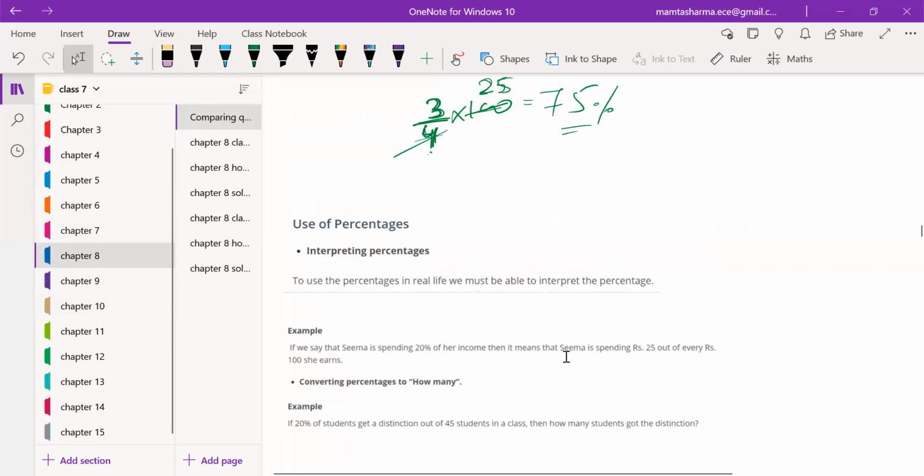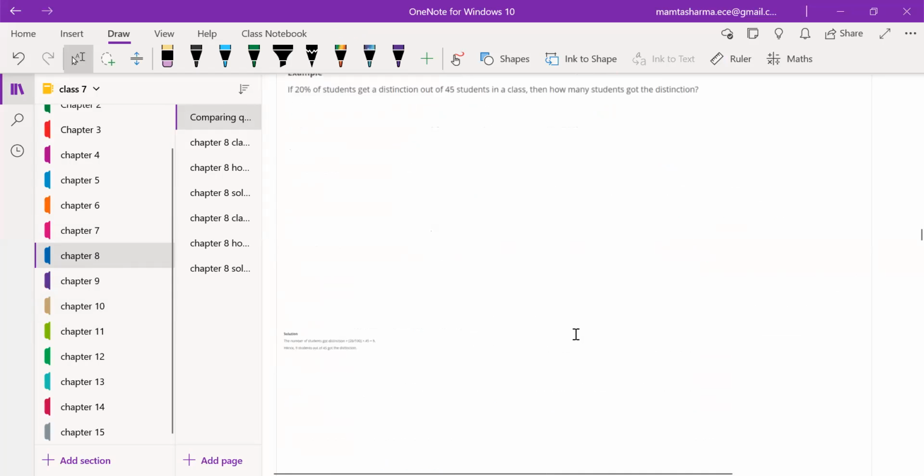I tried doing it, it's coming different. Read the question. 8:13, 8 ratio 13. Now, what is being asked here? Divide 8 by 13.